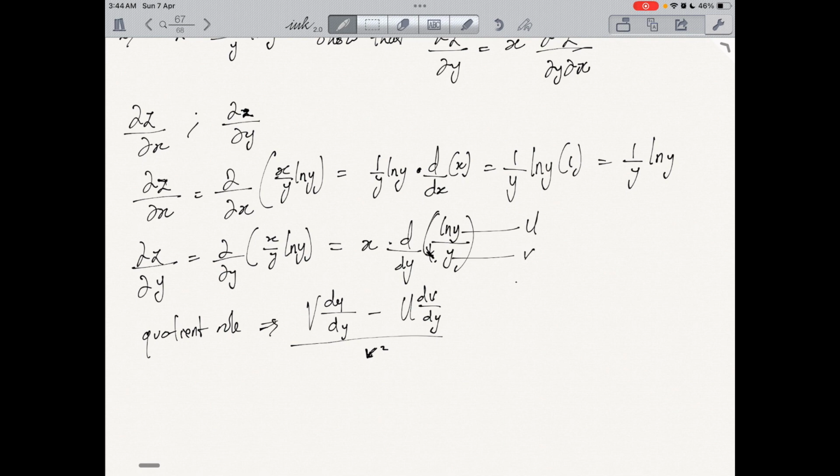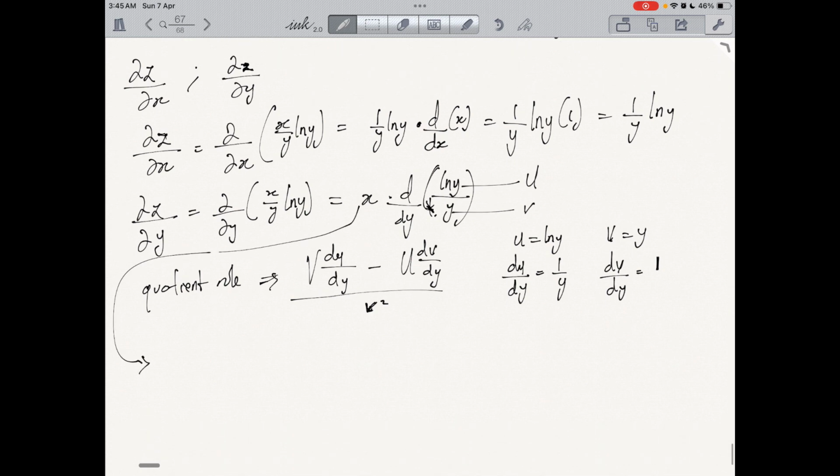So if u is equal to ln y and v is equal to y, our du/dy, differentiating ln y, is 1 over y, and our dv/dy, that is differentiating y with respect to y, is 1.